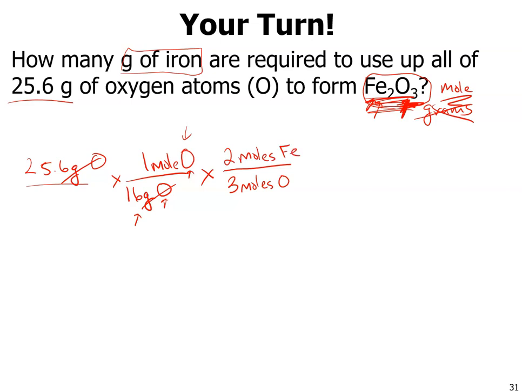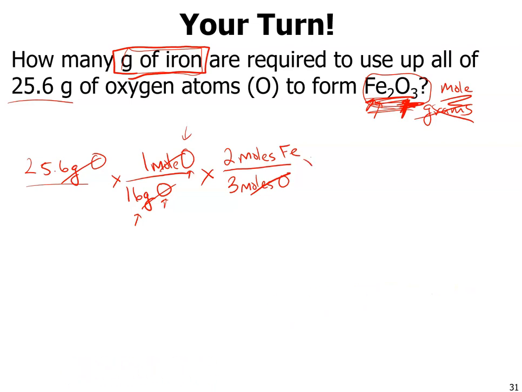This is the ratio we can use to then cancel out moles of oxygen. Well, remember what we want is grams of iron. So I'm not there yet. Now I'm going to have to go back to our periodic table, look up the atomic mass for iron to generate that last conversion factor.